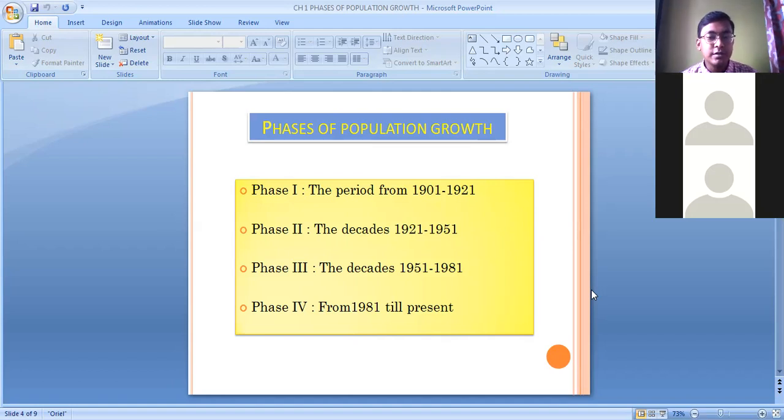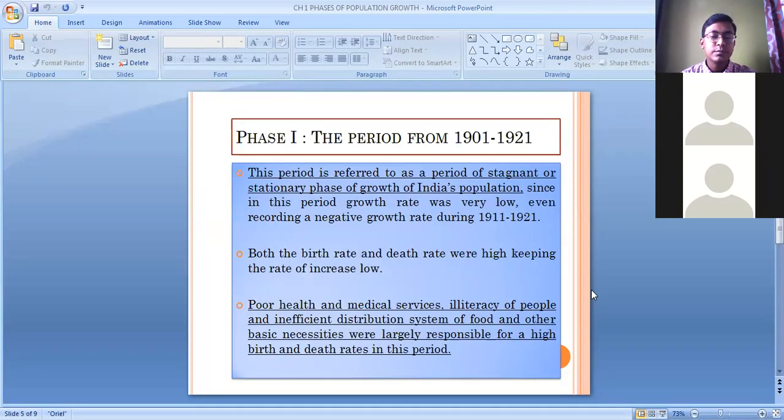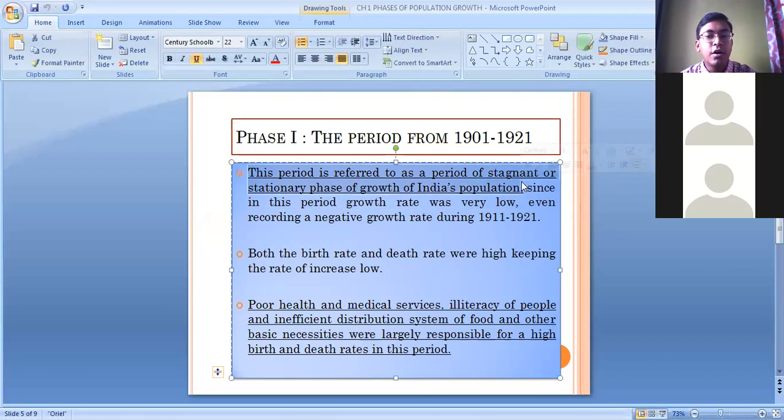So let us study first about phase 1, the period from 1901 to 1921. This first phase of population growth of our country is also referred to as the stagnant or stationary phase of population growth of India's population.